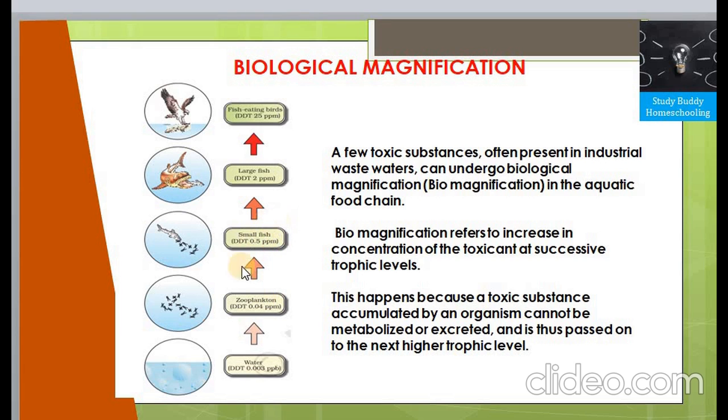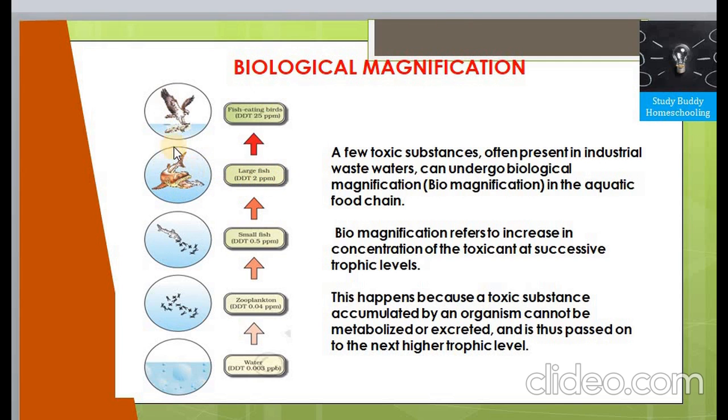It's about a tenfold increase here. Again, this small fish gets eaten by a large fish. Probably it would have eaten many small fish many times. So the DDT keeps on accumulating, leading to 2 parts per million of DDT in the large fish.